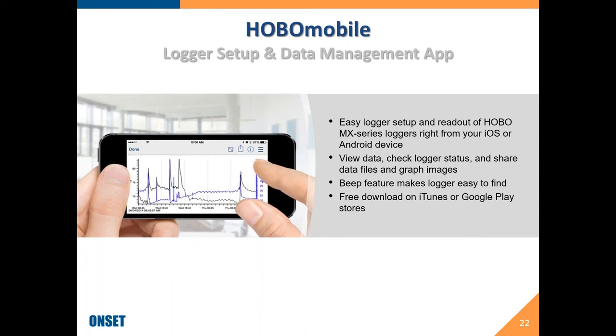You can view data, check logger status, share the data files, and even look at graphs on it. There's a beep feature on these loggers, at least on the indoor loggers, that will make a noise if you get close to them in case you forget where you placed them. And this HOBO Mobile app is a free download from either the iTunes store or the Google Play store.